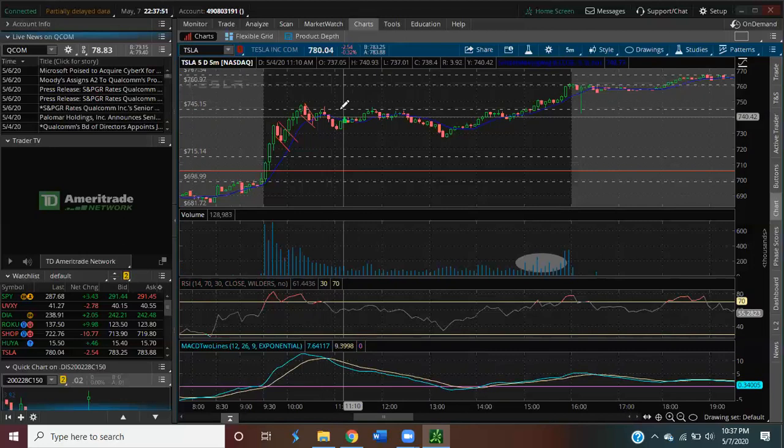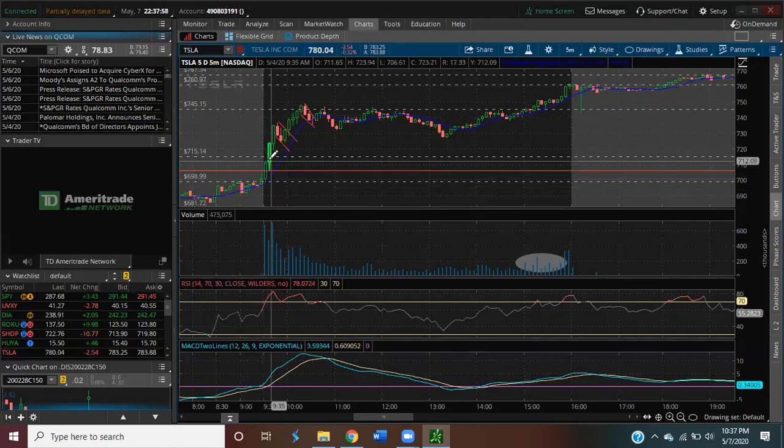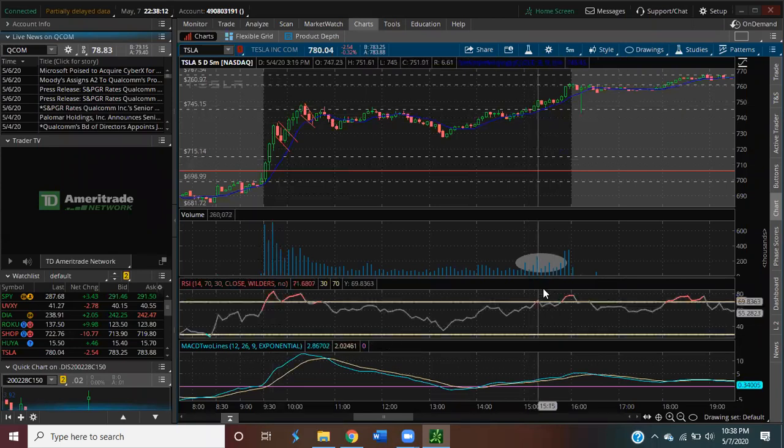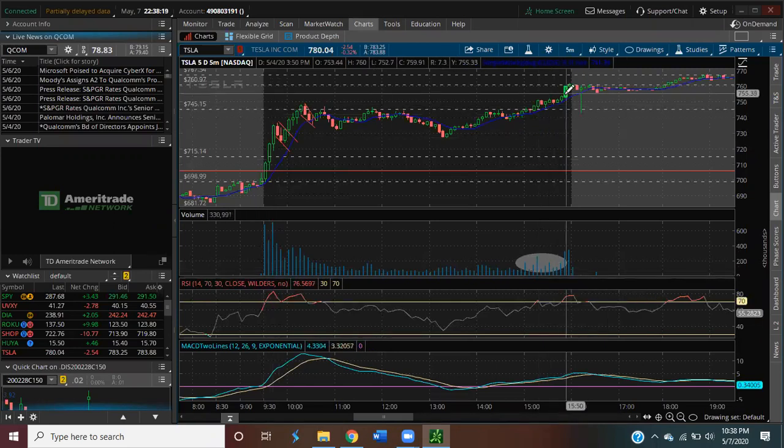Think about it as buyers and sellers having a fight, and one of them is going to win. At this first resistance, the buyers won. When it got up here, the sellers were winning the entire day until it finally pushed above. The buyers finally outnumbered the sellers, and it pushed.